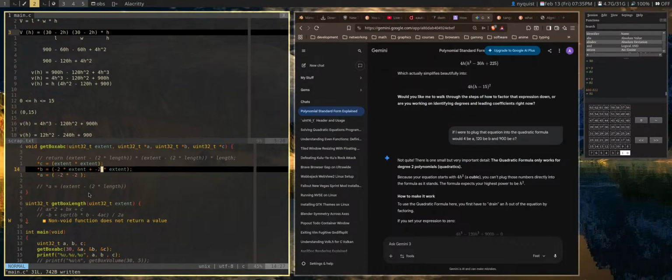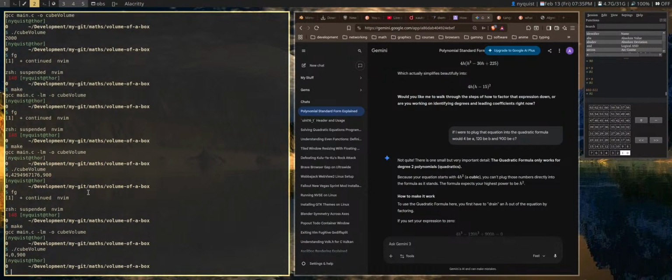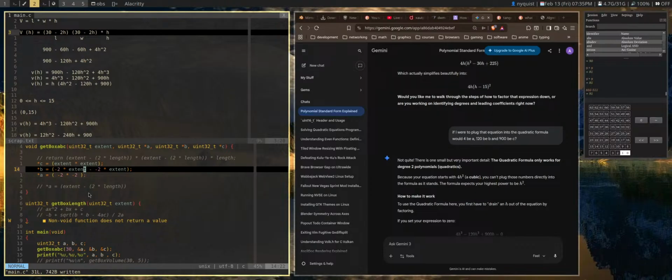Yeah. So -2 times extent. Why am I getting a number like that? That's still not right. What are we doing wrong? Negative 2 times 30, negative 2 times 30 minus negative.